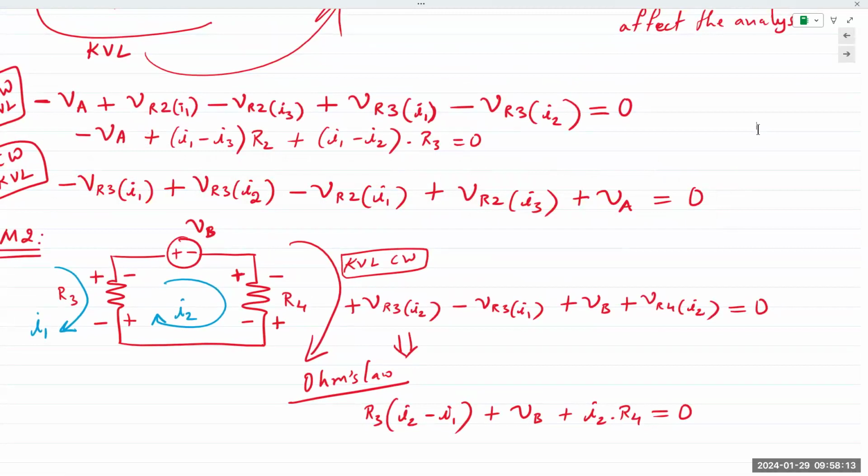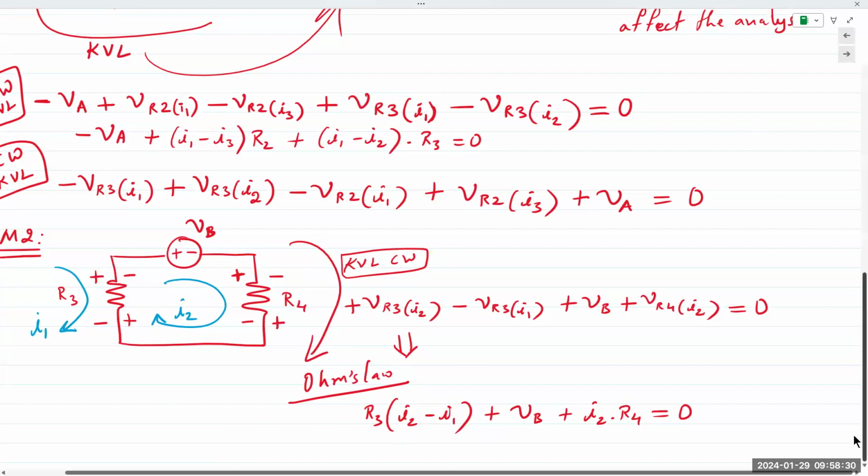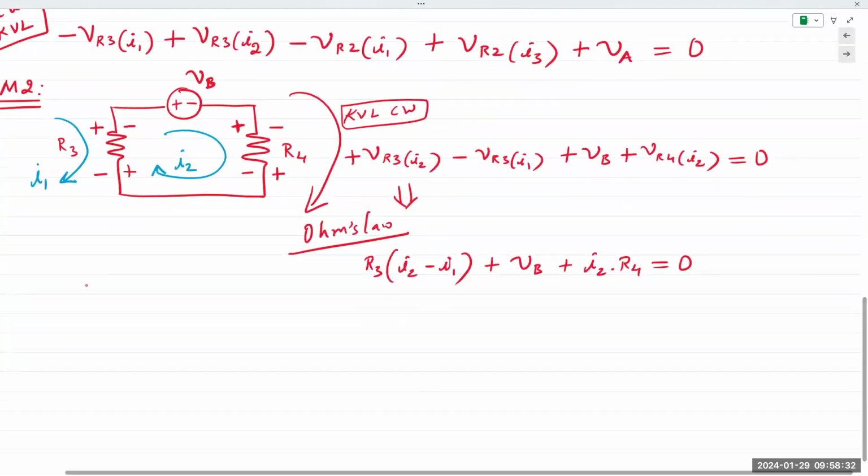So if you want to understand this better, I would suggest you choose an opposite current direction and write a KVL and see if you arrive at those exact same equations. Shouldn't take you longer than 5 or 10 minutes. And then mesh 3.